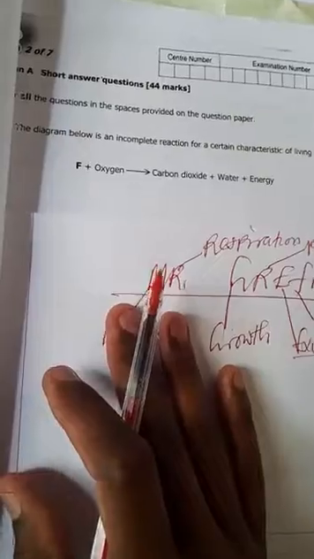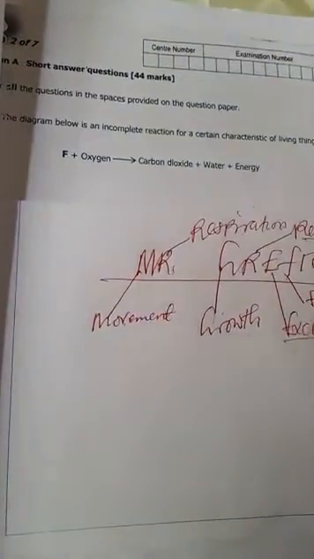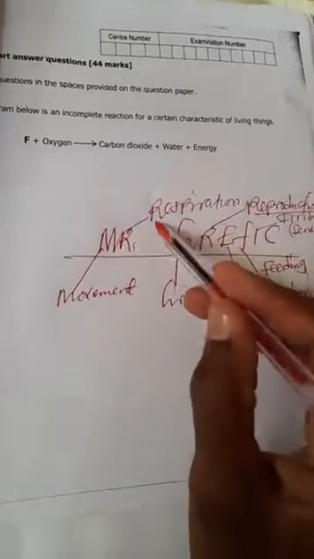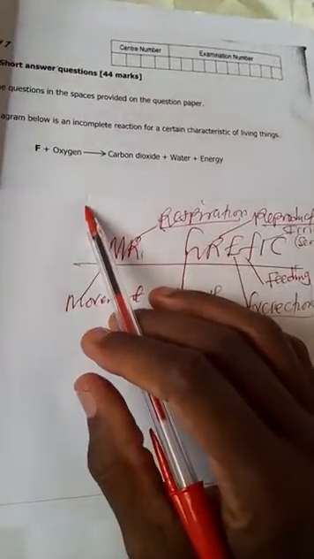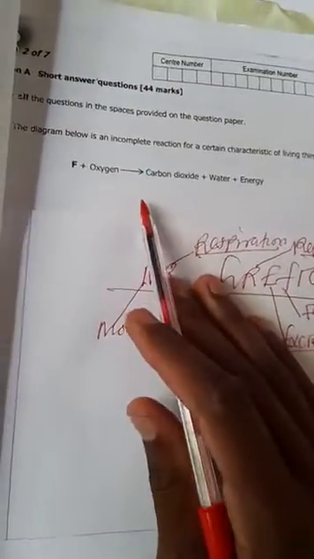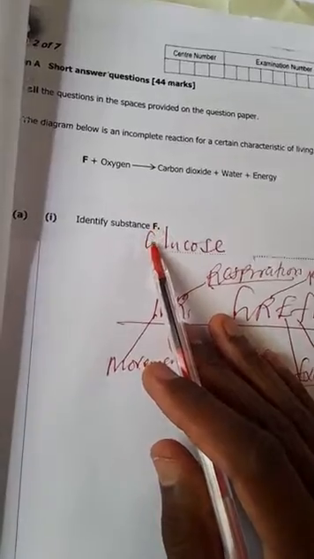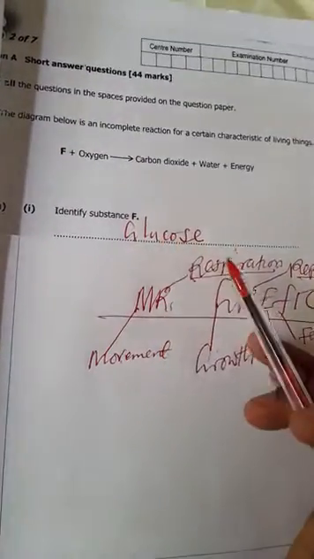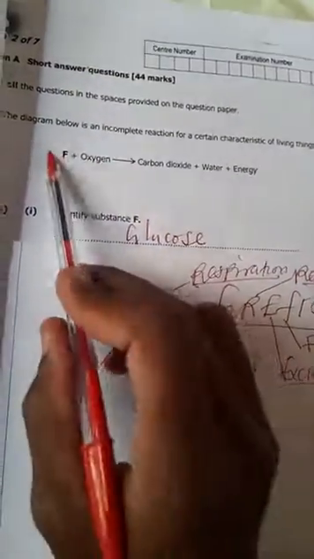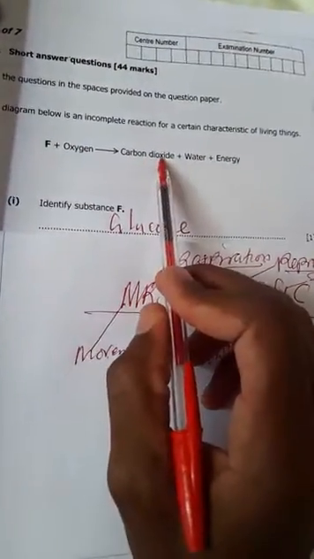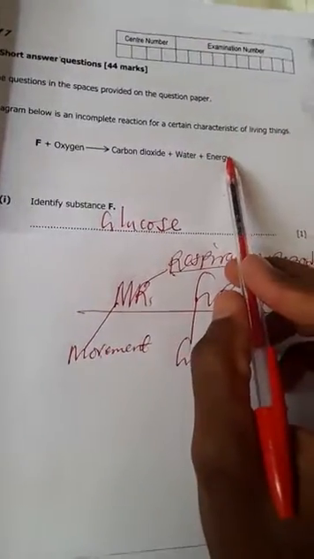They want you to identify F. So among the characteristics of living organisms, the one that uses oxygen as a reactant to produce carbon dioxide and energy is respiration. So we know that respiration goes with glucose. So substance F will be glucose. That is the answer which is given here. So identify substance F. Substance F is glucose. Glucose plus oxygen will give you carbon dioxide, water, and energy.